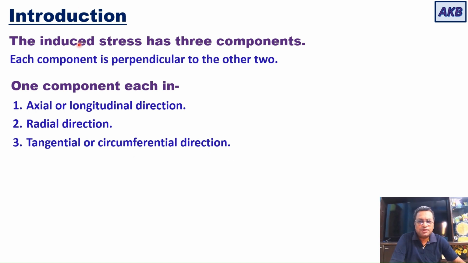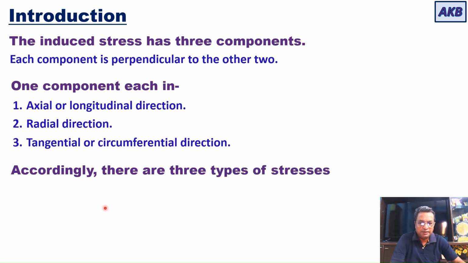So the stress that gets induced due to pressure effect has three components, and each component is perpendicular to the other two. One component in the axial or longitudinal direction, one in the radial direction, and one in the tangential or circumferential direction.